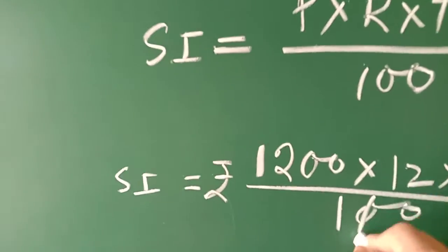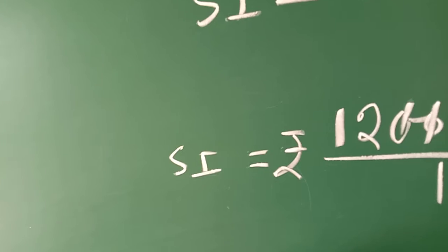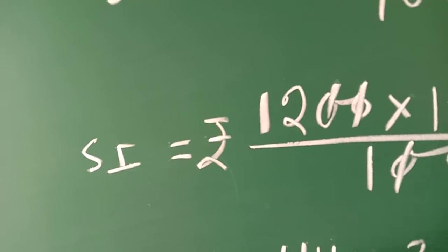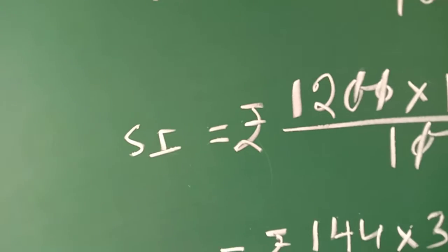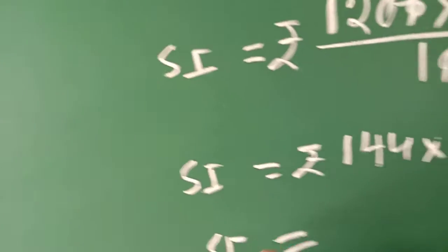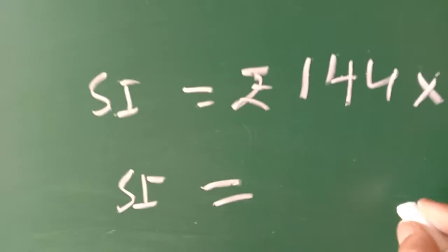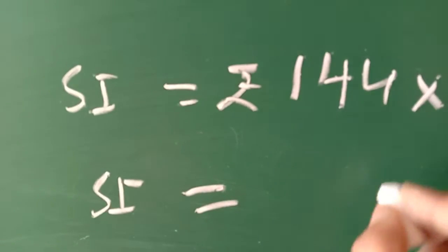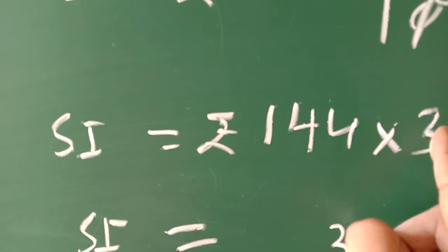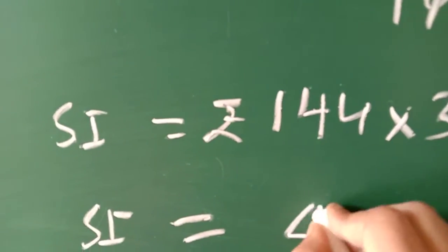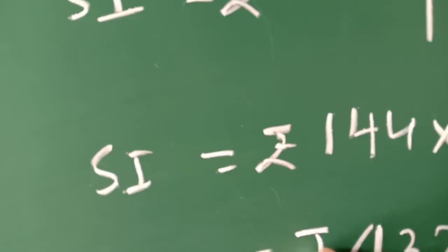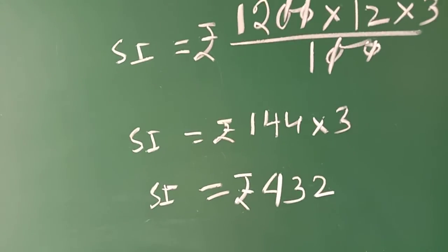Now 0 you can cancel first. Then 12 into 12 is 144, into 3 rupees. You can multiply all the numbers at the same time, that is up to you. Now SI equal to 3 fours are 12, 3 ones are 3, and 4. This is rupees 432. What is this? This is simple interest.